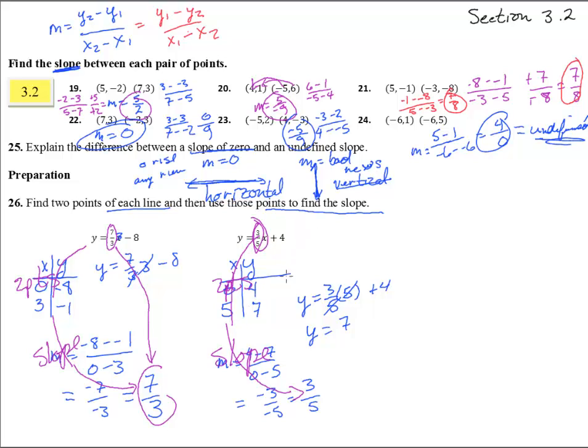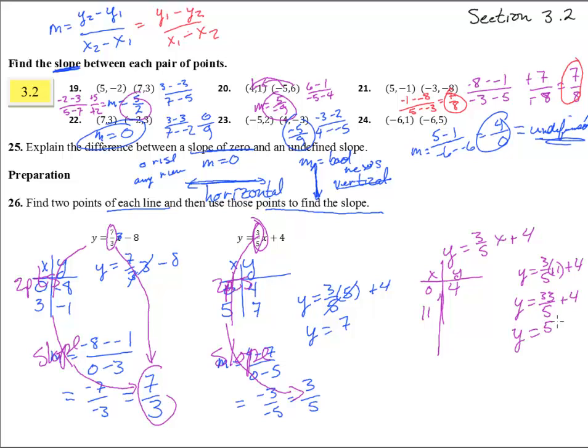And just for fun, we're going to do this. 3/5 x plus 4. We're going to take 1 point, that's 0, 4. And we're going to find a different point than this 5, 7. Show you how this works. We're going to pick the number, I don't know, 11 for the x. So we get y equals 3/5 times 11 plus 4. Y equals 33/5 plus 4. 4 is 20/5. Y equals 53/5. If you want to plug that into your calculator.